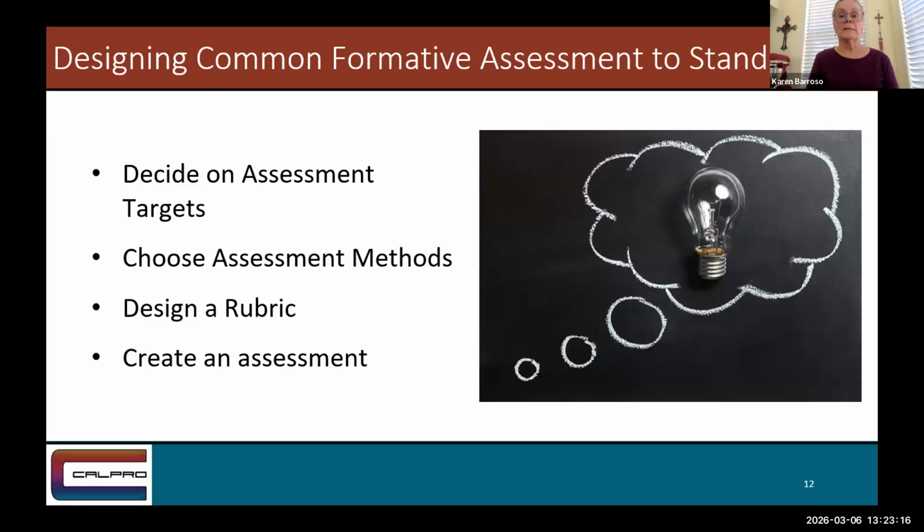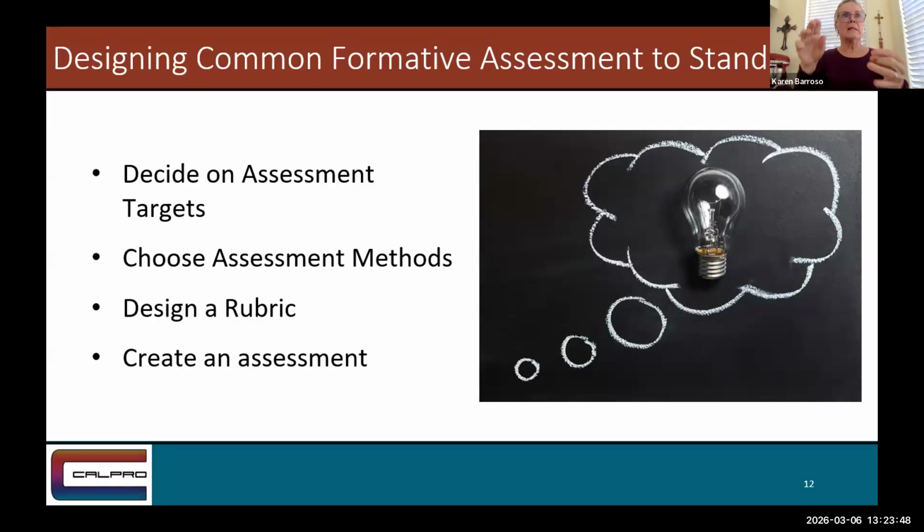So, designing a common formative assessment. We don't have to go crazy on this. They just have to be common. So it doesn't have to take a huge amount of time and you're going, oh, is this good? What's important? Is it assessing the target? What is it you want to assess? If it's assessing narrative writing, then you know exactly, okay, that's the target.